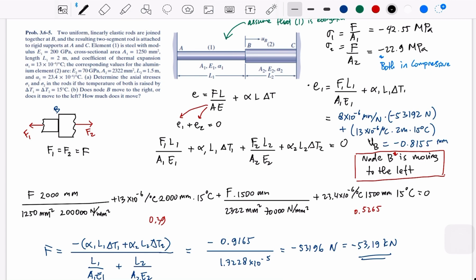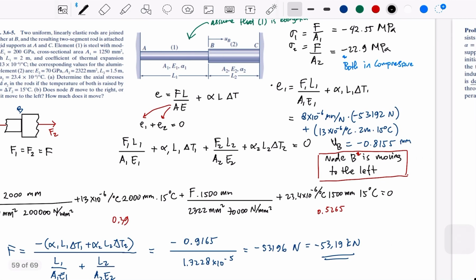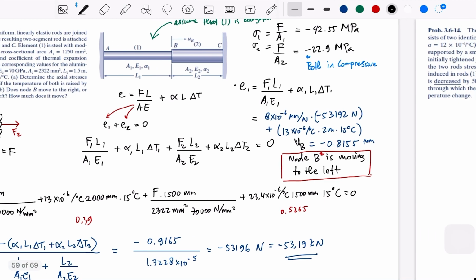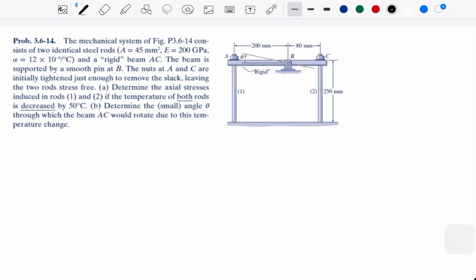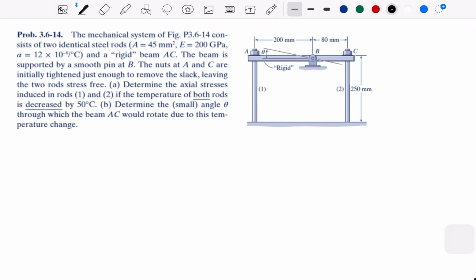Okay, another type of question that we might see is this one here. It's a little bit of a combination of both the temperature, the thermal expansion, and some of the geometric observations, because we are going to see some angle.